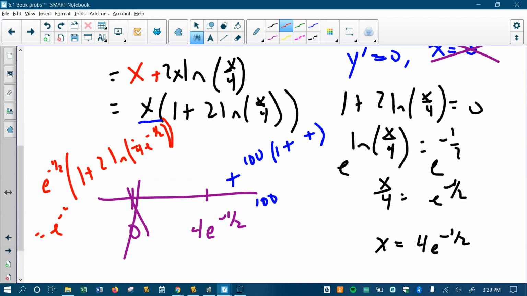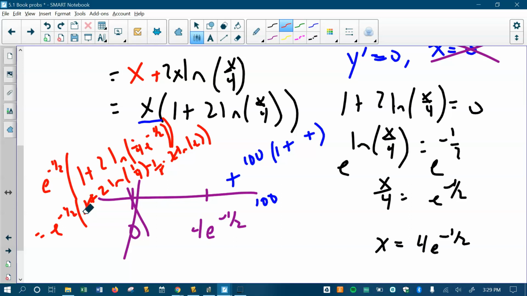So we have e to the negative 1/2 times 1 plus 2 ln of 1/4, minus 1/2 of 2 times ln of e. So I used some properties here. I broke up the 1/4 e to the negative 1/2 to see what was going on. And I got minus, the 1/2 came down in front, and then it's natural log of e, so those all cancel, and I just get minus 1. And that cancels, 1 minus 1 is 0.